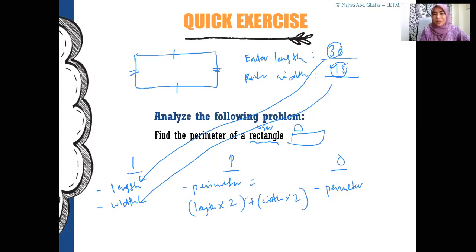So there are two ways. That's why I say programming has many ways to solve a problem. It just depends on how you understand it. So that is for this one.